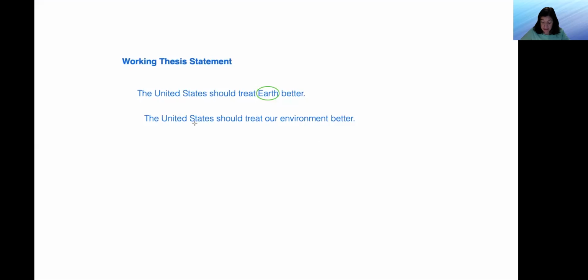Our slant is should treat better. We should treat our environment better, the topic being our environment. Okay, so we have to ask ourselves, how? How are we going to treat our environment better?